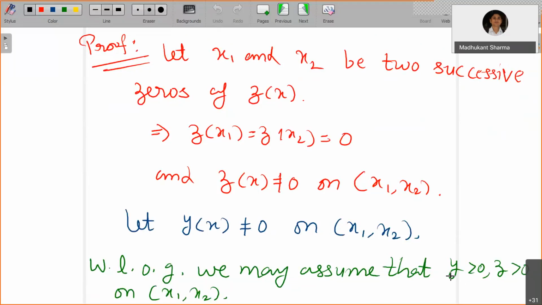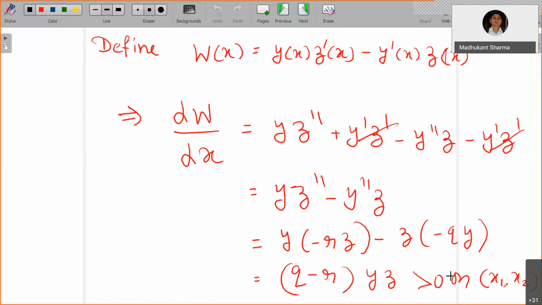Now what we are going to look at is the Wronskian over this open interval x1 to x2. The Wronskian is y times z dash minus y dash times z.